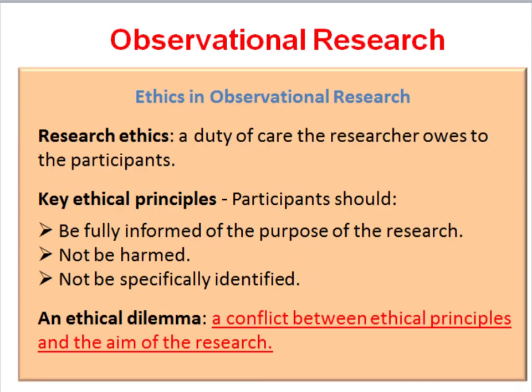But of course if you do overt research, although that's ethical, that detracts from the aim of the research. If you're doing participant observation, it's because you want to see behaviour as it naturally occurs. And of course the danger is that if you tell people that you're observing their behaviour, they cease to behave in a way which is natural.